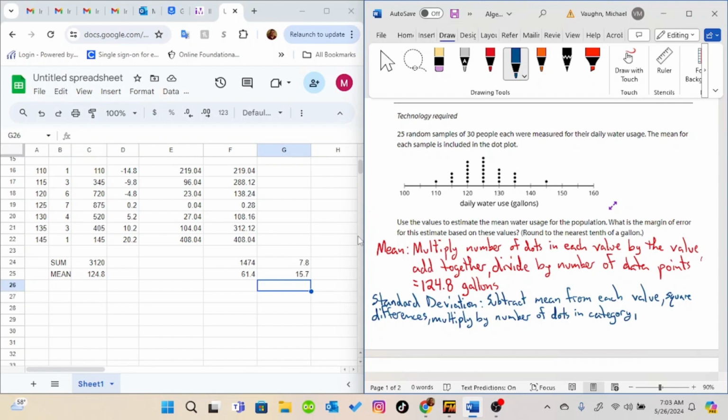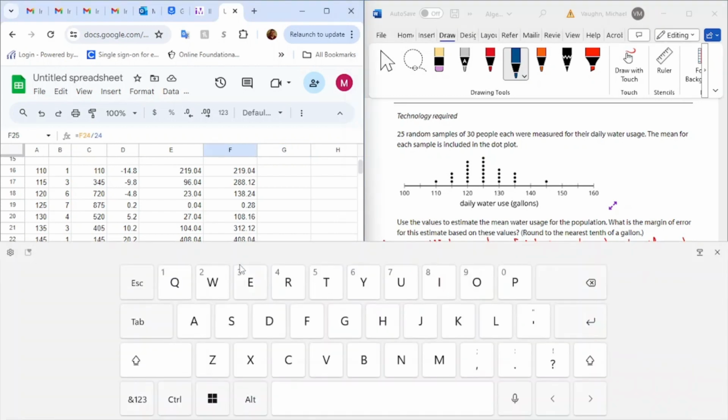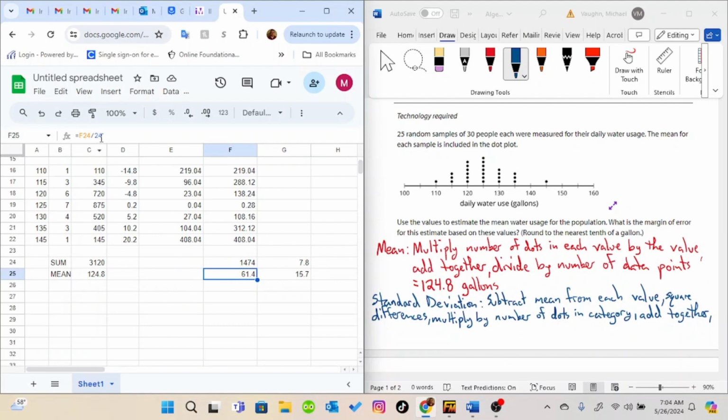That allows me to add them together and then divide by one less than the number of values. So you can see that I divided by 24.